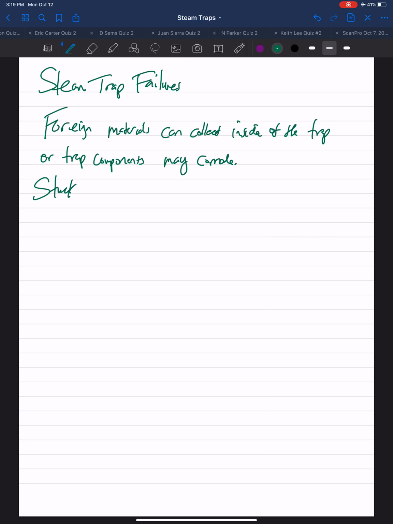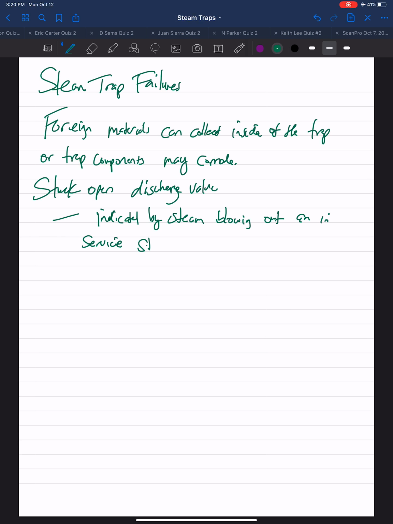You have stuck open discharge valve. This is indicated by steam blowing out of an in-service steam trap. This is a waste of steam.